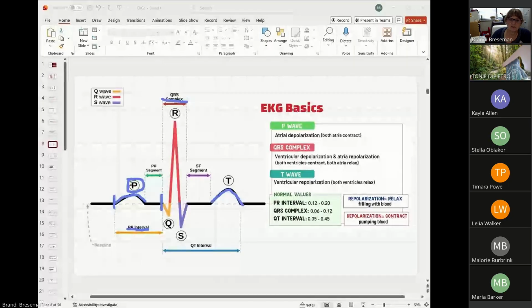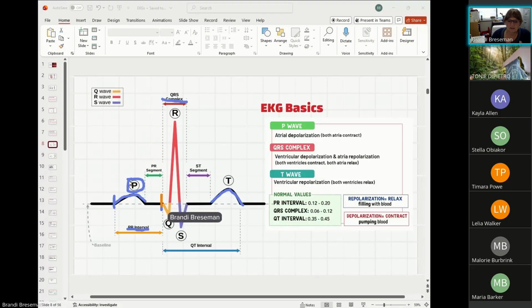The next thing that we measure is going to be the QRS complex. That starts at the beginning of the QRS complex, where we ended our PR interval, and ends at the end of our S wave.